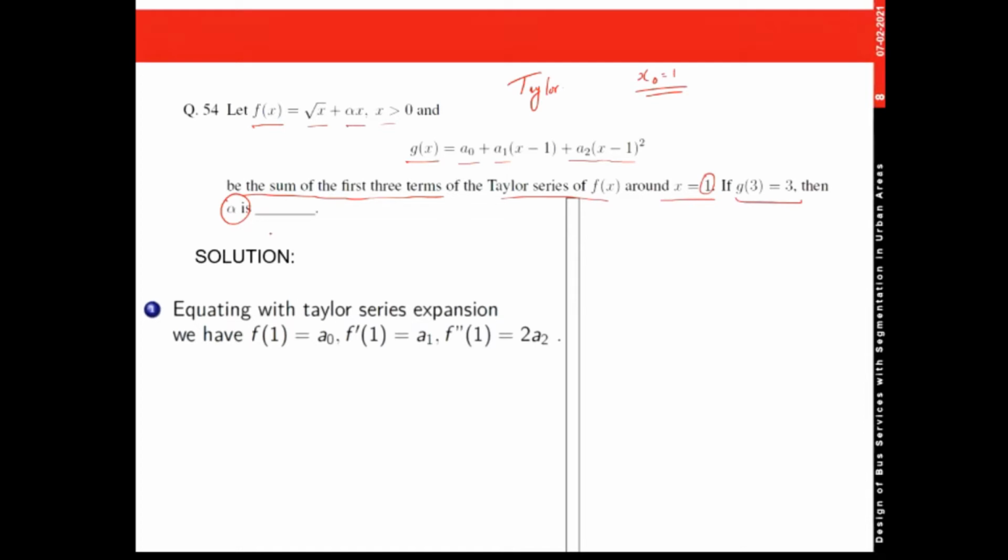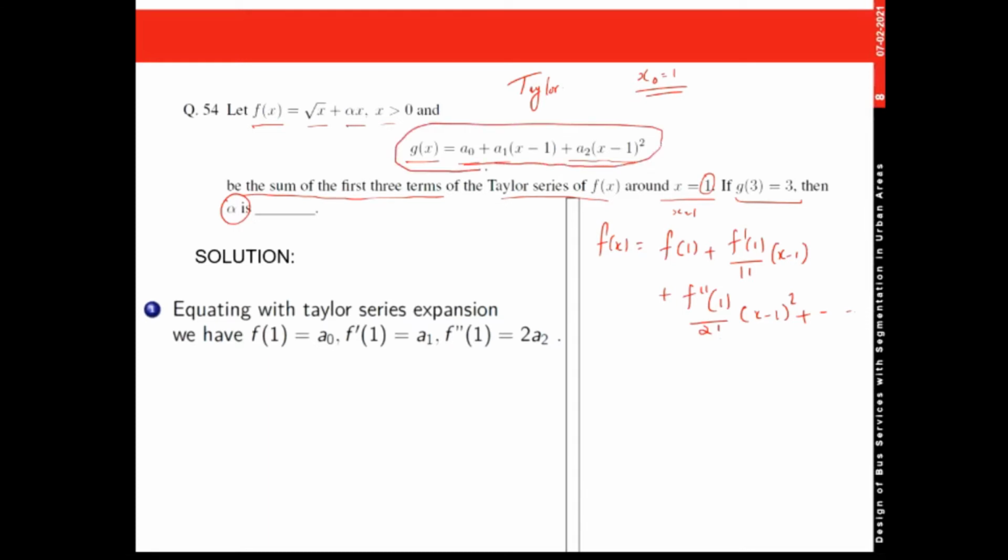Solution. We know the Taylor series expansion. f of x with the center x equal to 1 is f of 1 plus f dash of 1 divided by 1 factorial times (x minus 1) plus f double dash of 1 divided by 2 factorial times (x minus 1) squared plus etc. It's given that g of x is the first 3 terms of the Taylor series, so we can equate the expansion.